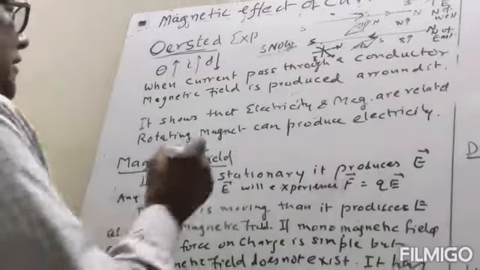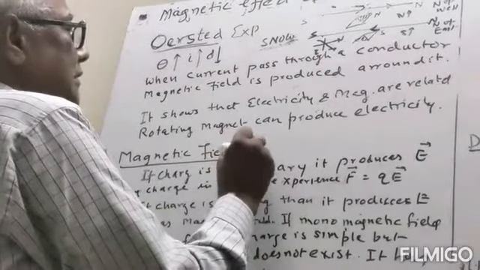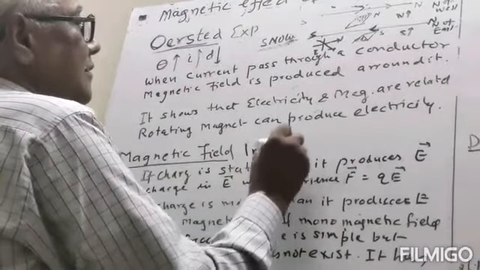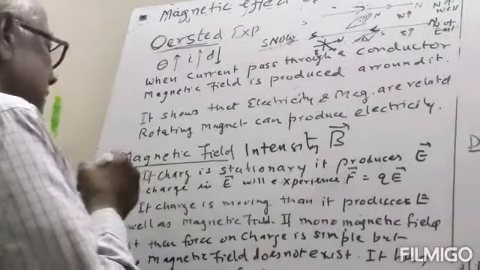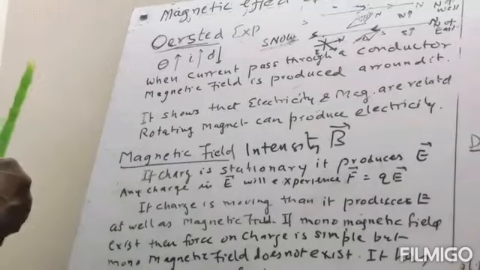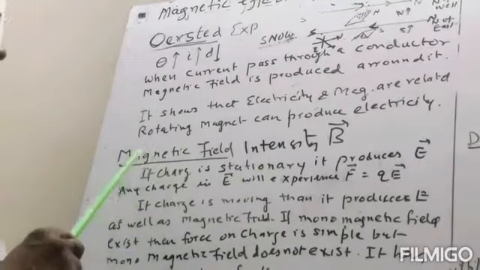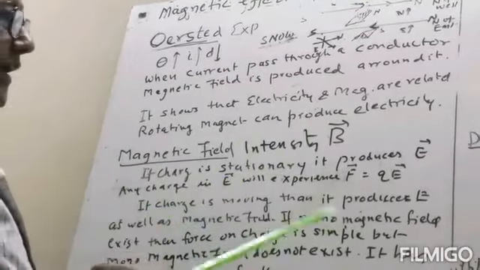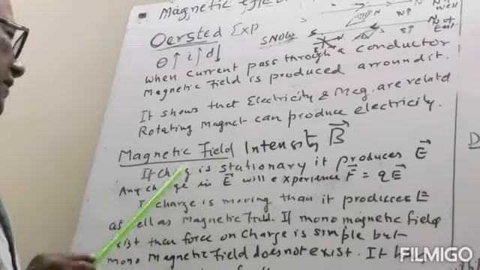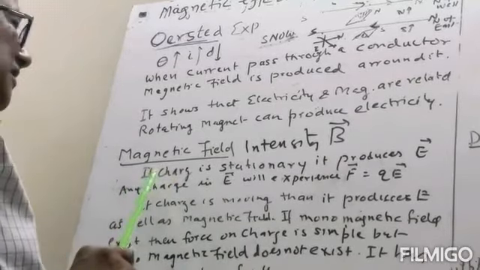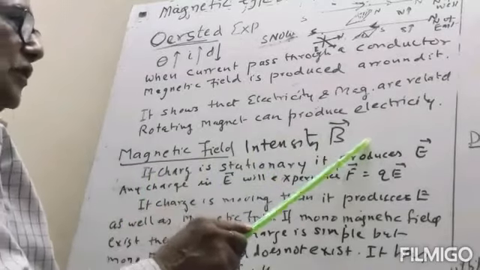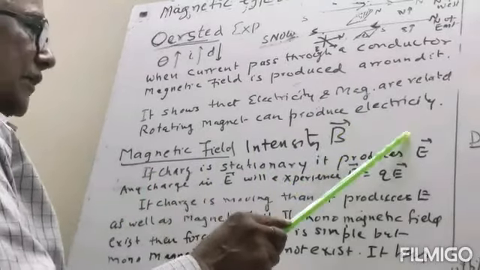Magnetic field, we write that magnetic field intensity as B, it's a vector quantity. Now we see that in the case of charges, suppose you have a positive charge, we can have a negative charge.